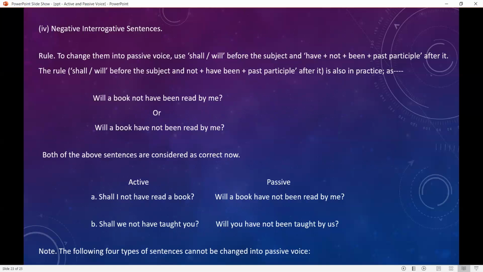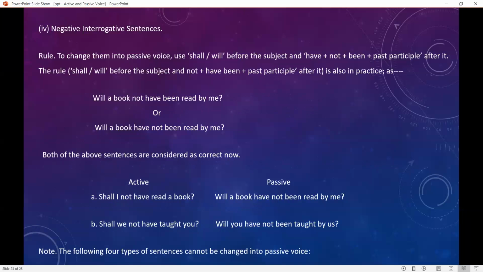The rule shall or will before the subject and not plus have been plus past participle after it is also in practice. Example, will a book not have been read by me? Or will a book have not been read by me? Both make the same sense. Both of the above sentences are considered as correct now.